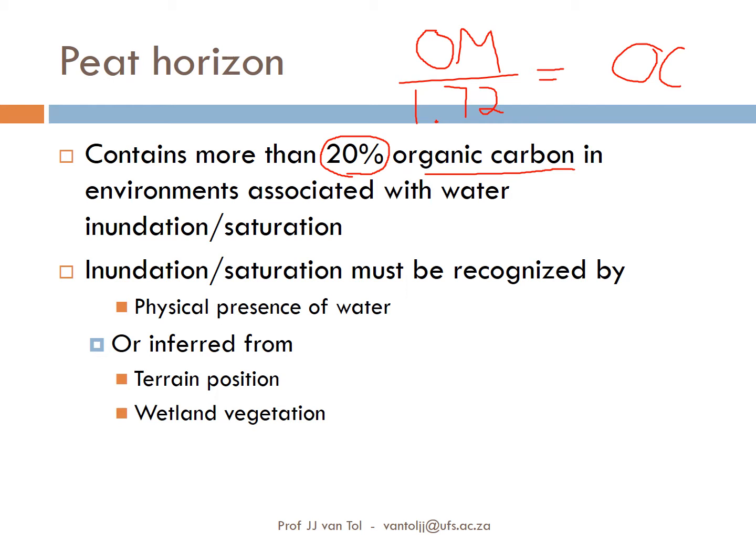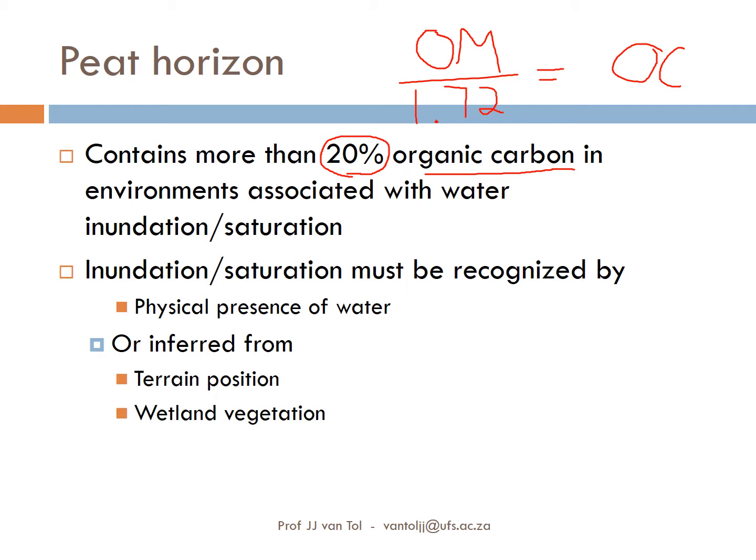You're not going to find it on your TMU2 positions. You're going to find a peat horizon in a wetland, saturated with water. And it's because of the saturation that the carbon accumulates. Saturated, no oxygen, carbon is not being broken down, and it simply accumulates.